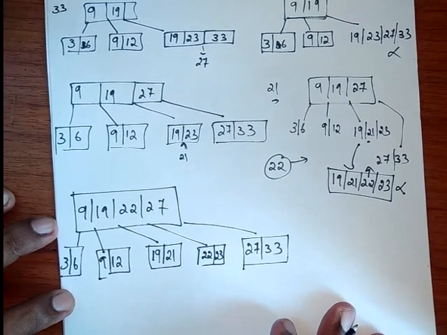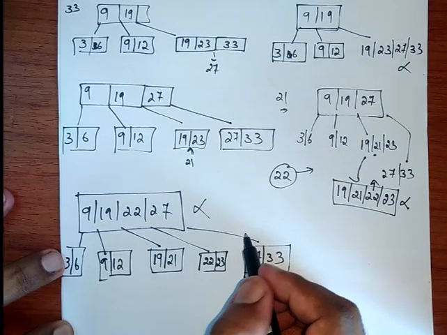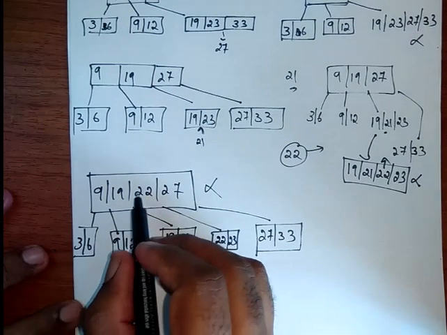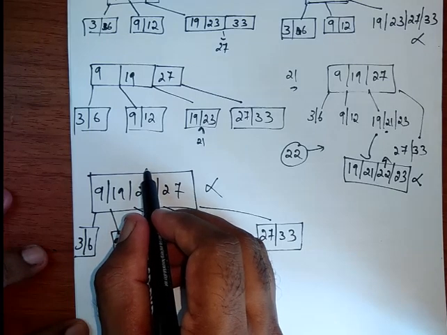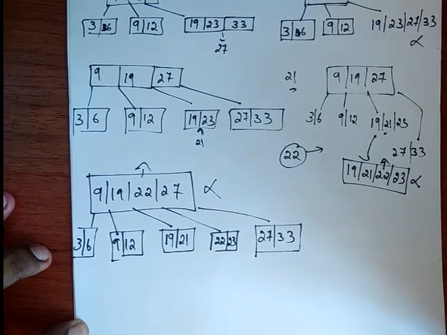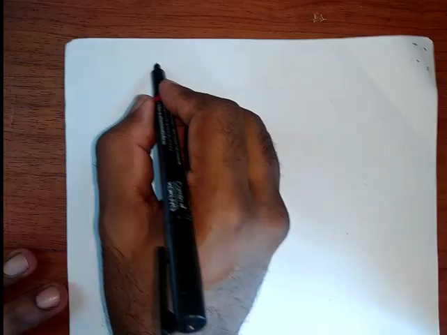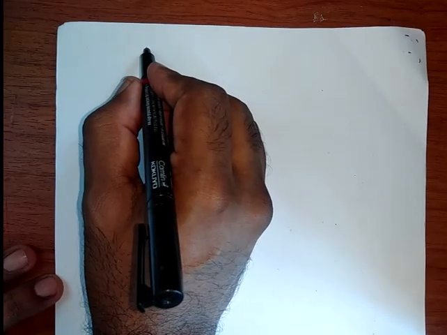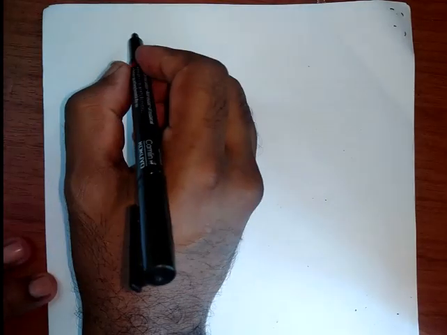So we know that when we are dividing a root node, we need to create a new level, and the middle value here, 0, 1, 2, this 22, should go to the new level, and the rest of the values will come in the left subtree and the right subtree. Okay, and here you can see we can write from the previous figure.